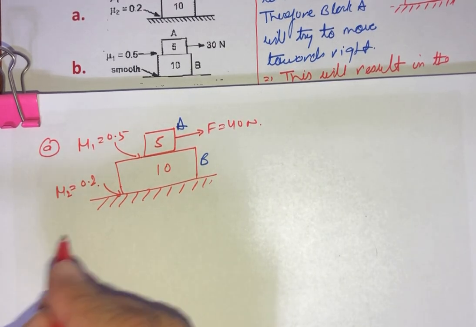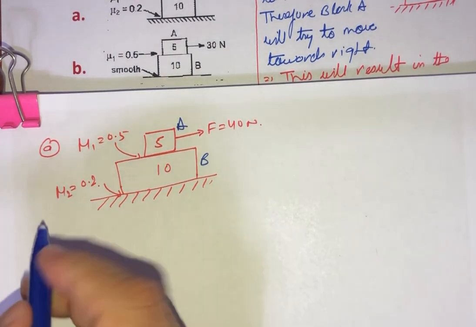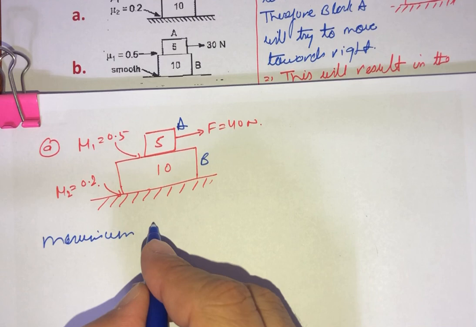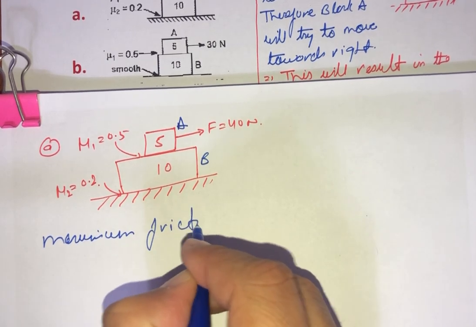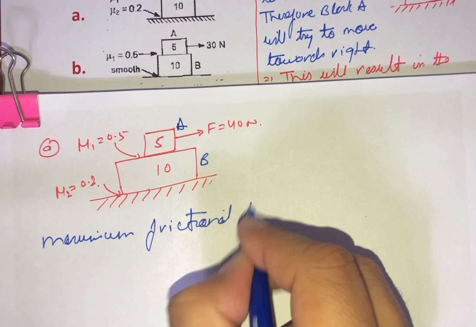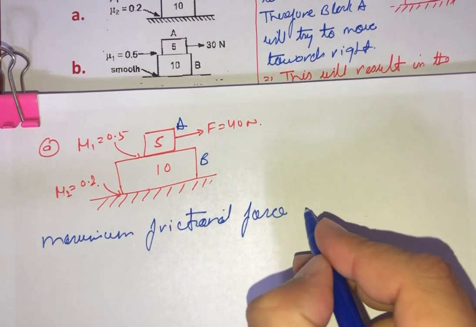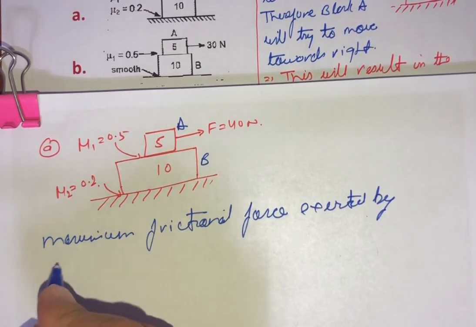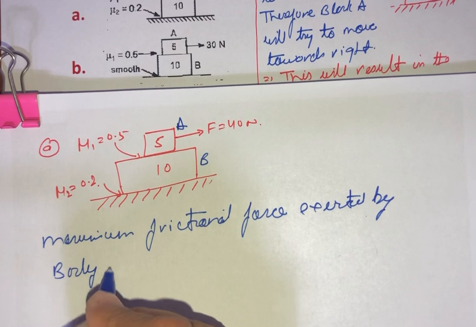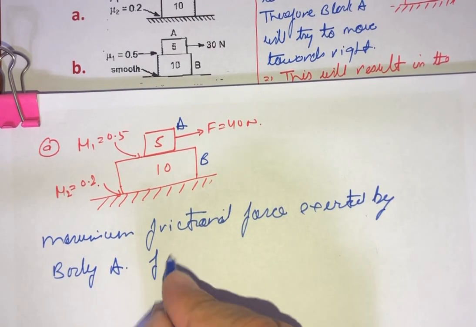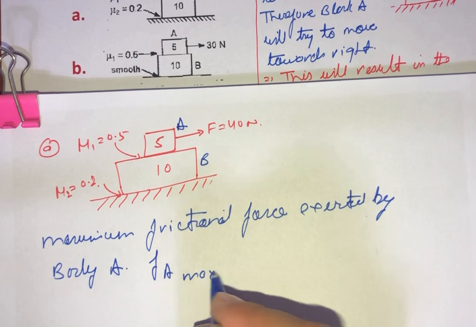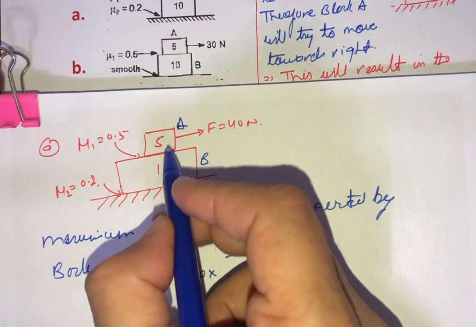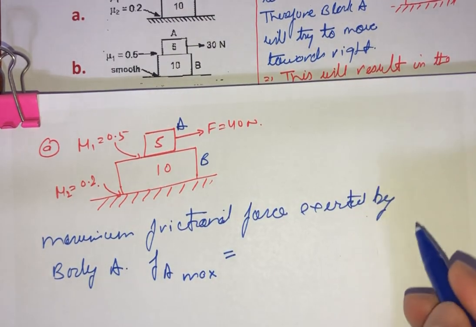We can say that the maximum frictional force exerted by body A, let us call this FA max, will be equal to, because there will be normal, let me draw the diagram here.